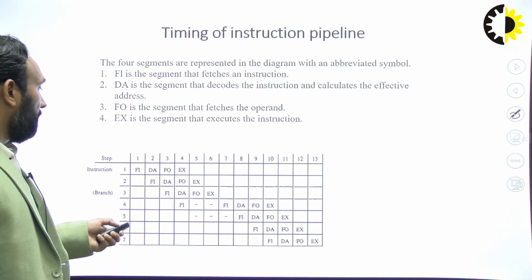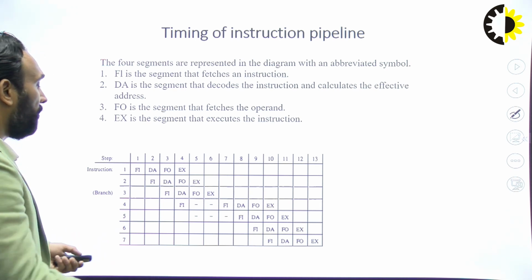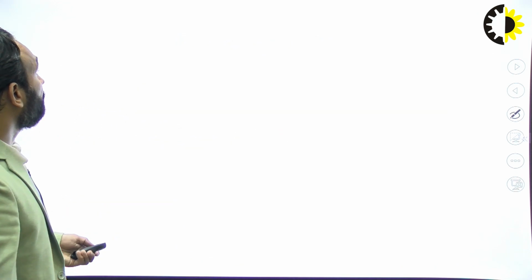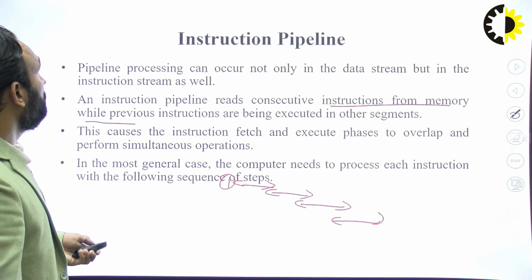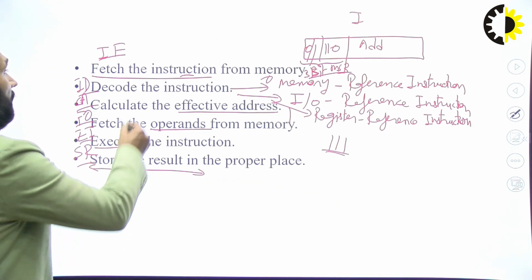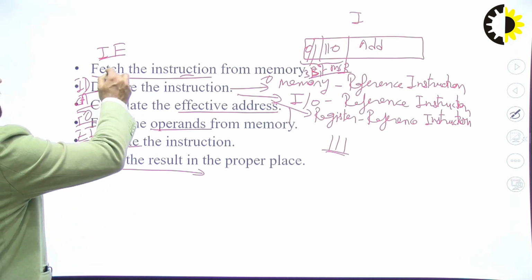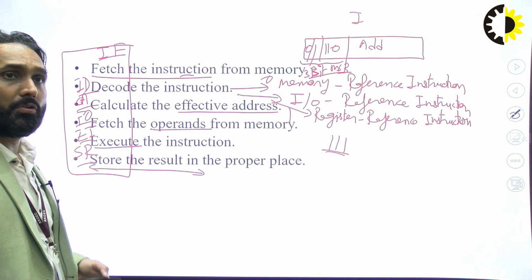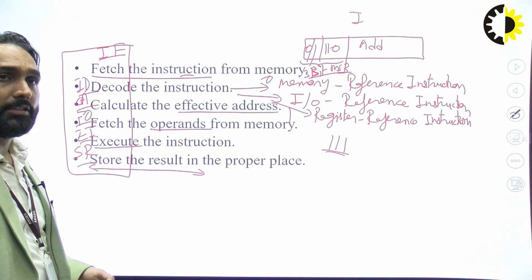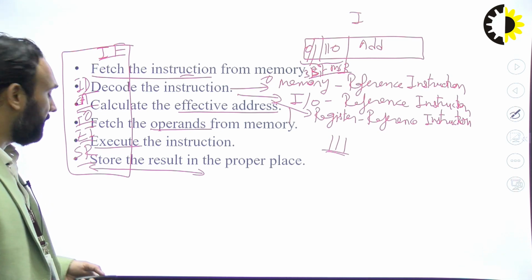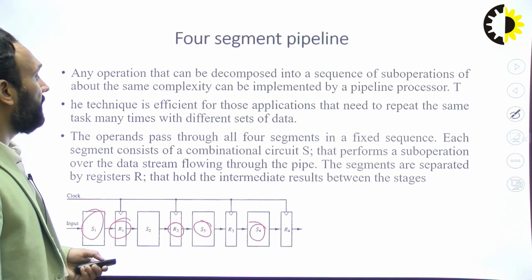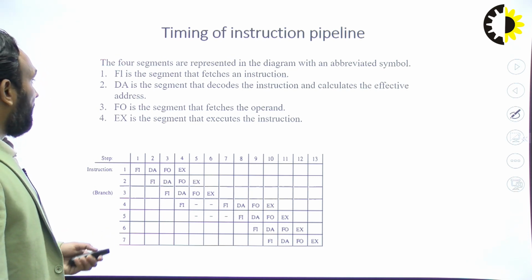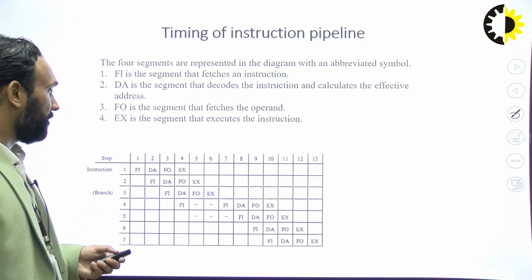The same thing we discuss here in terms of, as I said earlier, an instruction pipeline. An instruction is divided into 6 parts: instruction fetch, instruction decode, calculate effective address, fetch the operand, execute the instruction, and store the result. The same thing is put into a space time diagram in the form of execution.